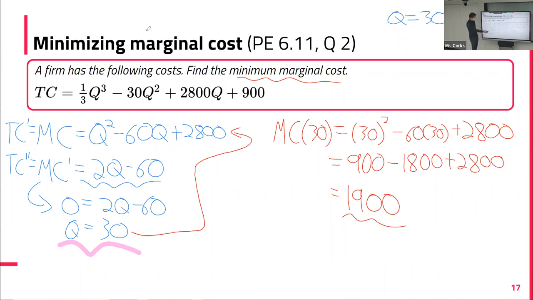If we made 31 things, the cost for item number 31 would be greater than this 1,900. Item number 29 would also have a higher cost. This is our minimum per item cost, which also gives us our minimum average cost for all the things that we're producing.